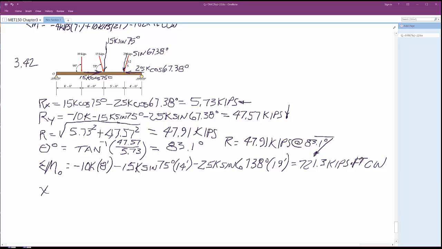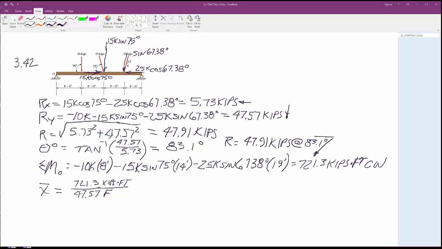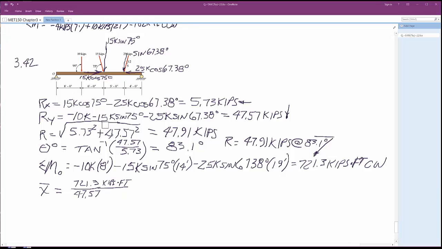Okay, so to find X bar, we just go in there and take the moment, the 721.3, divided by, in this case we take the reaction force at Y, and that's going to be 47.57, and this was kips feet, and this was just kips.